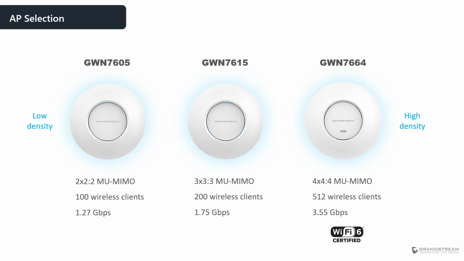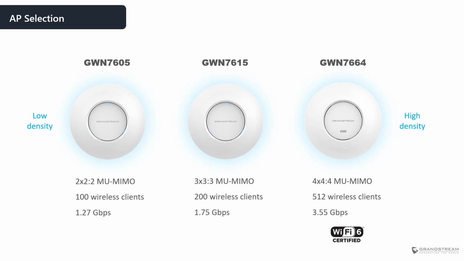And the main difference between these access points is the number of antennas that is built into the access points, because it allows it to talk to multiple wireless clients. Also the wireless capacity of the wireless clients. So while the low density models can support up to 100 wireless clients, the high density access points can support up to 512 wireless clients.